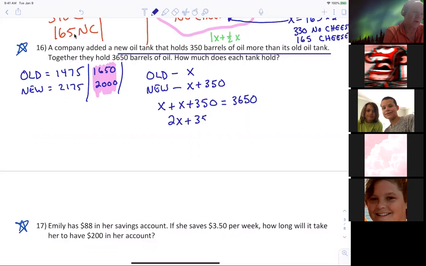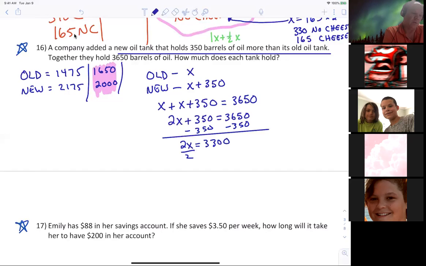Now we're actually practicing solving the equations. Now we subtract 350. And it looks to me like I have 2X is equal to 3,300. Does that look right?